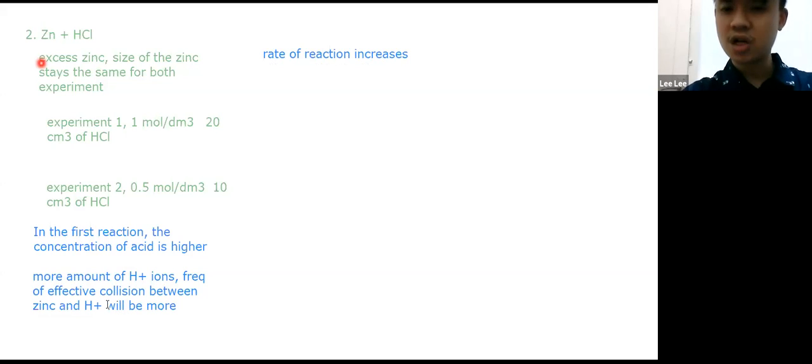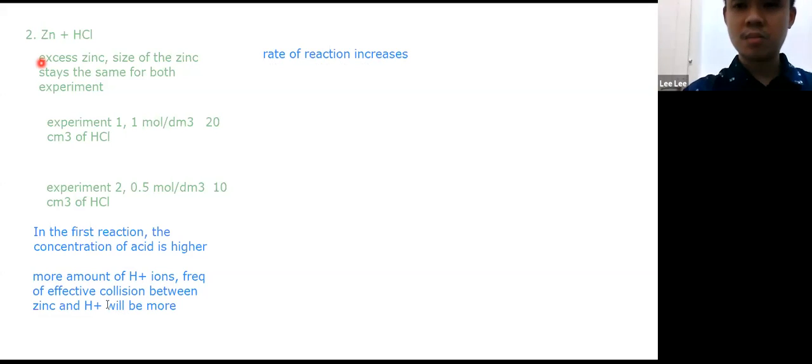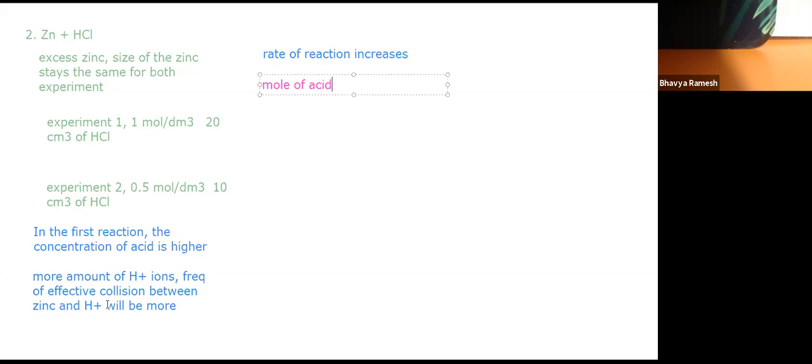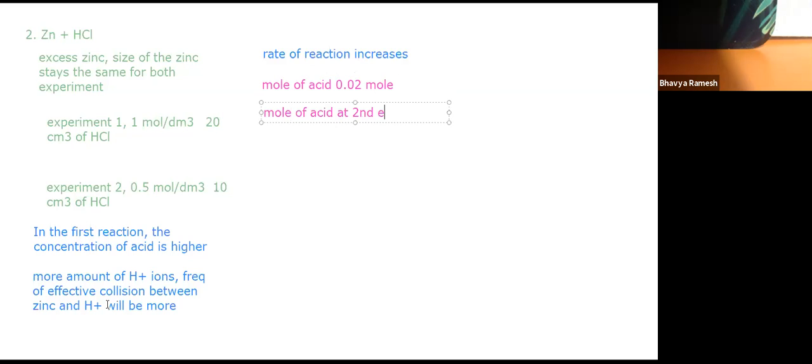So who is your limiting reactant in this case? The acid. How much is the mole of acid in the first reaction? 0.02 times 1, so it's 0.02 mole. How much is the mole of acid in the second experiment? Let's say the volume is 20 here.